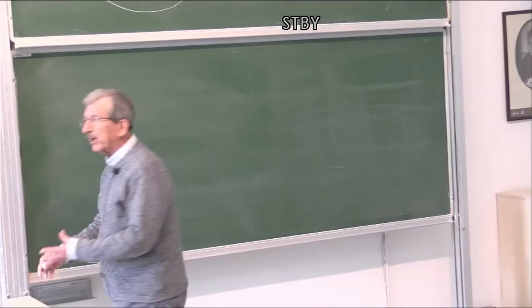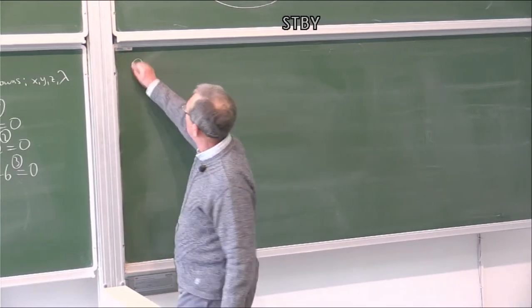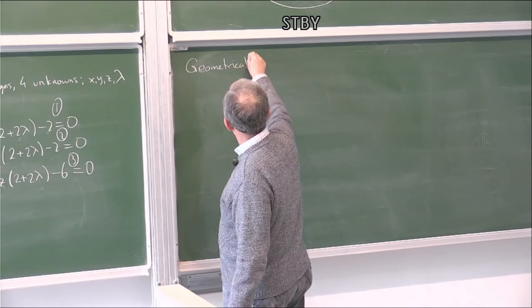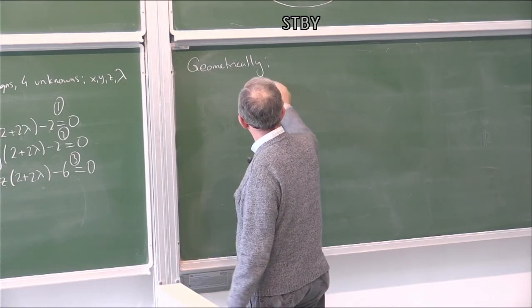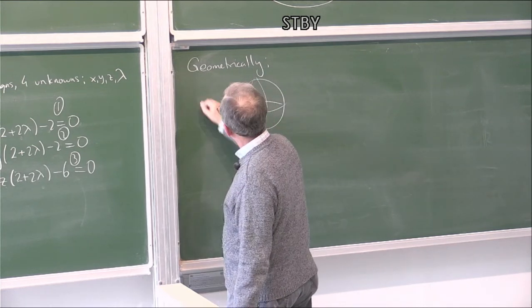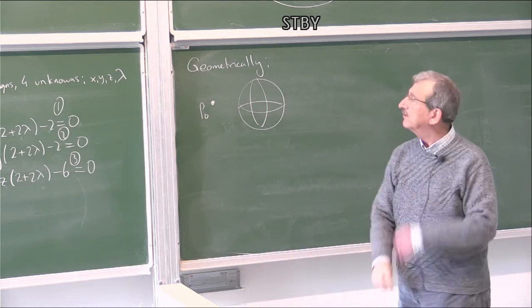What we are saying is the following picture. We have a sphere and we have a point. Clearly, this point is not on the sphere. You can easily check that.